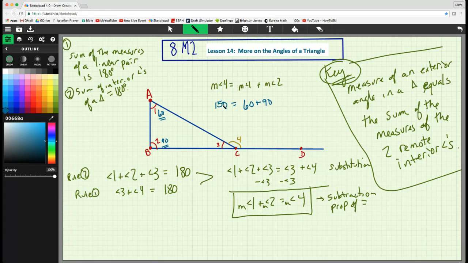So the measure of angle 4 must be 150. And then, if that's 150, then angle 3 must be 30, because 30 plus 150 is 180. I could have also used the triangle rule. 60 plus 90 is 150, and I have 30 degrees left to make it to 180.